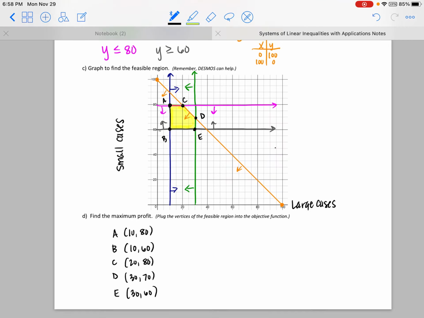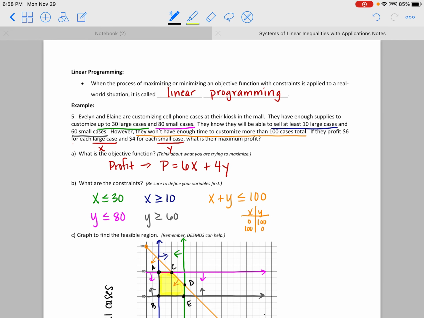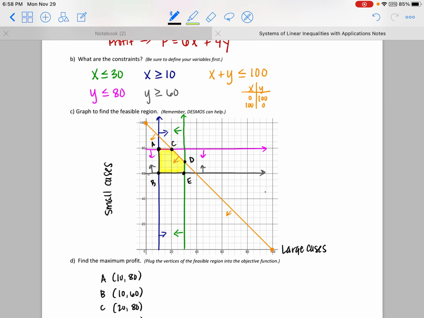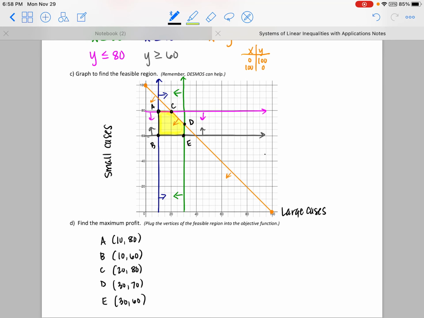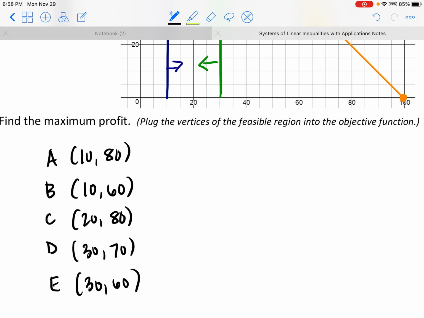All right, now I need to plug them all into my objective function to see which one gives me the maximum. So the profit is going to be 6 times x plus 4 times y. So here, if I plug in, my profit will be 6 times x plus 4 times y. In this case, we've got 60 and 320, which is going to make 380.